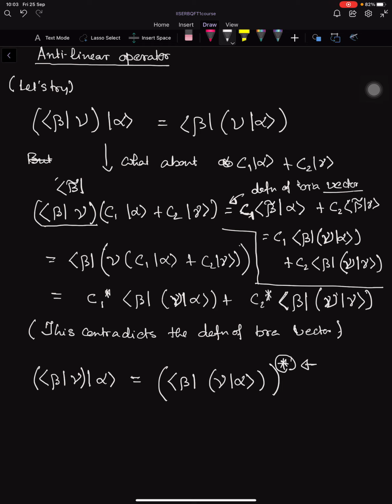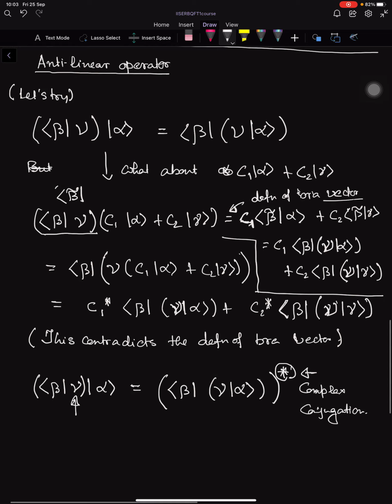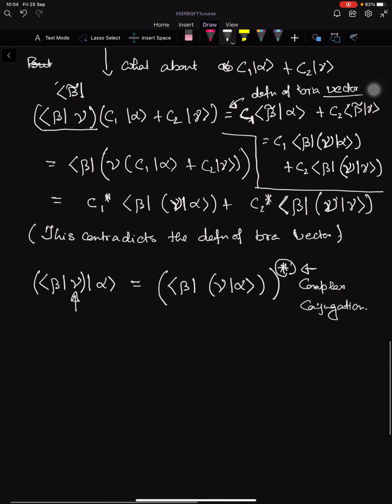Note this star, this is important. This means complex conjugation. This was not there for linear operators. For linear operators, it was just this thing is the same as this. But for an antilinear operator, in order to get the definition of a ket vector, we have to actually complexify when we define the action of bra vectors. And this is a very important thing.